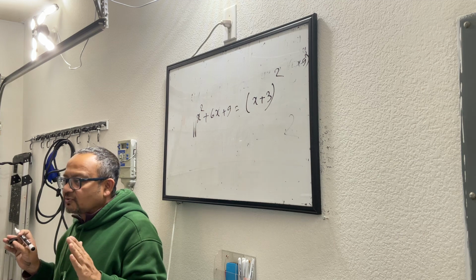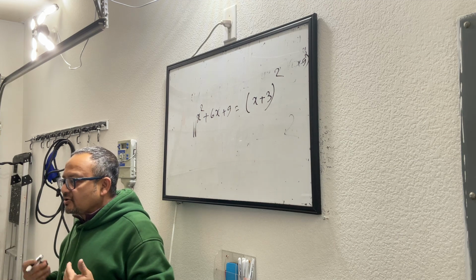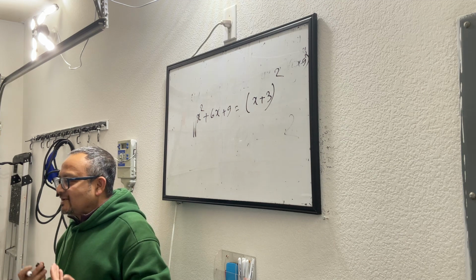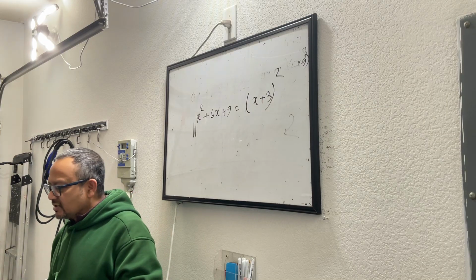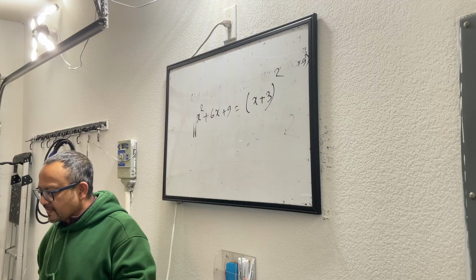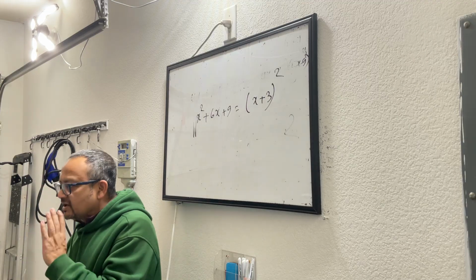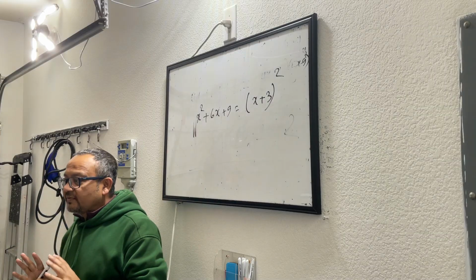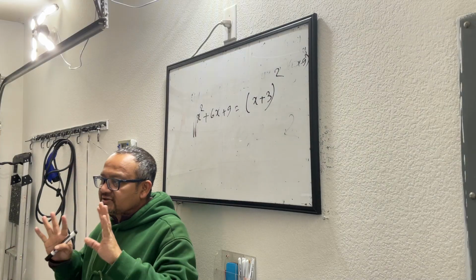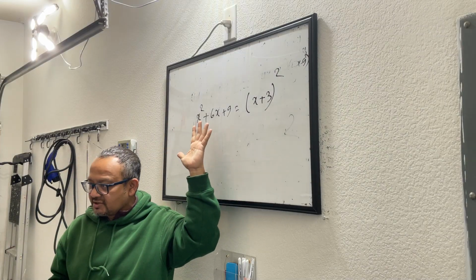So all the kids whose face I'm not able to see, I will rely on your reaction. So either you unmute yourself and say yes, it makes sense, or if it doesn't, don't hesitate to say it doesn't. Okay? Now let's look. So here, from a topic point of view, there's nothing that I'm going to teach you guys with respect to polynomial identities. I was just telling you what polynomial identity means. Okay?